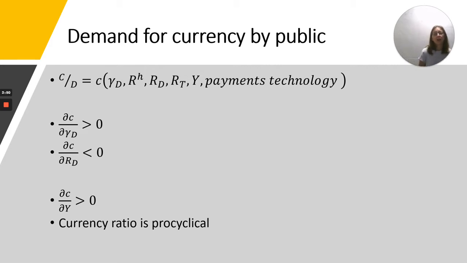As payments technology improves, the ratio would decrease, as again, it would mean that it's cheaper to withdraw money, and maybe people don't even need to withdraw at all, so they would have more deposits than cash. And we have income as one of the major factors here, which says that as income increases, the currency to deposit ratio goes up as well.